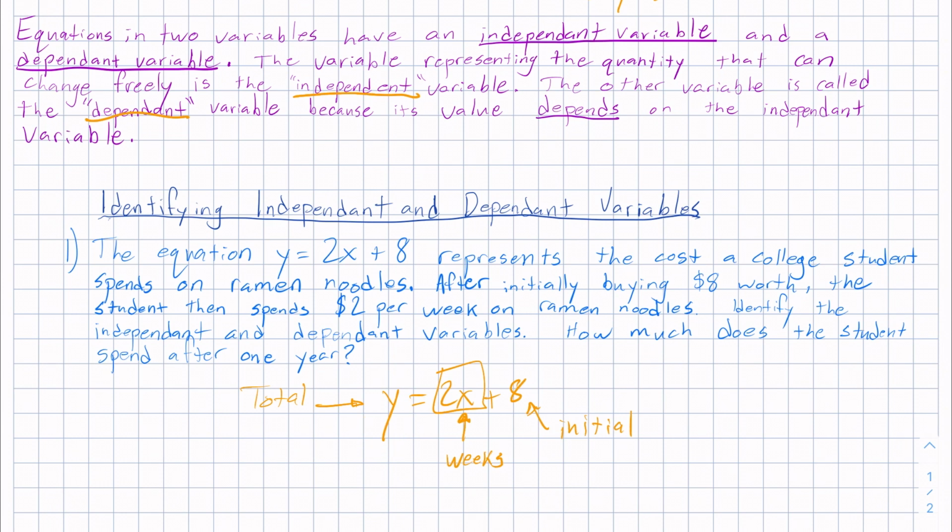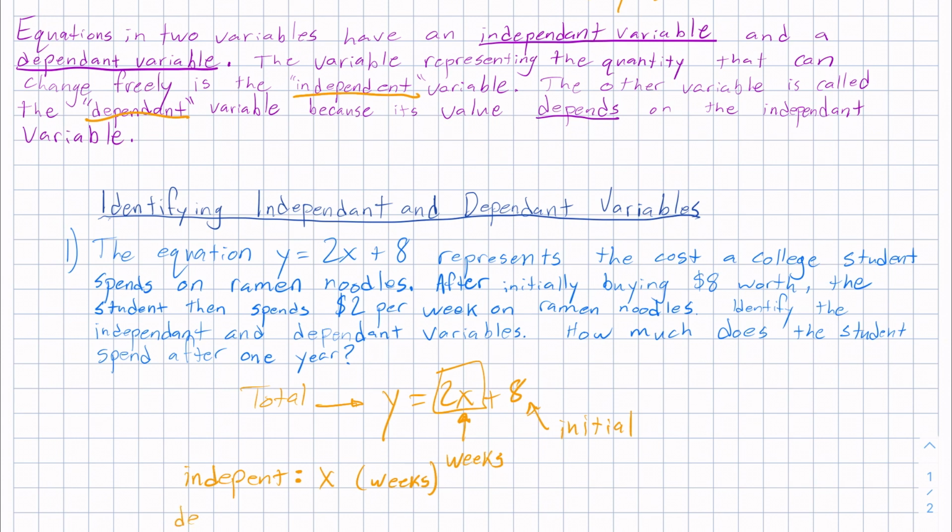So here, my independent variable is the x, or the weeks that have gone by. Every week they buy $2 more worth of ramen.